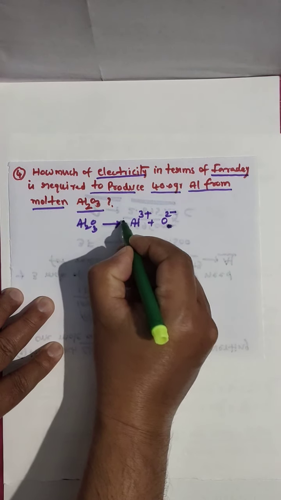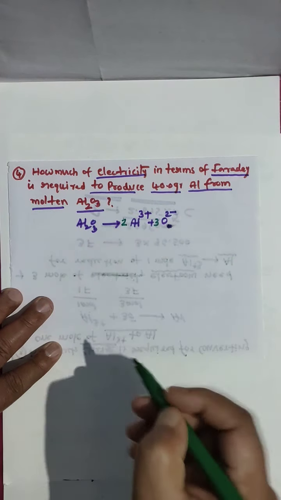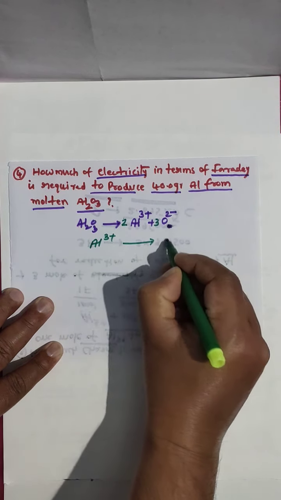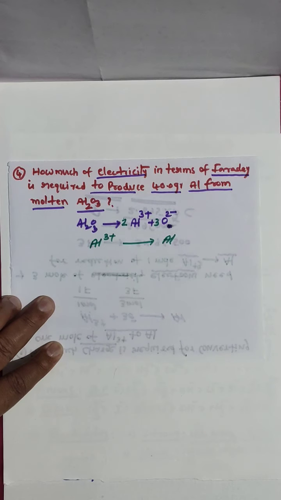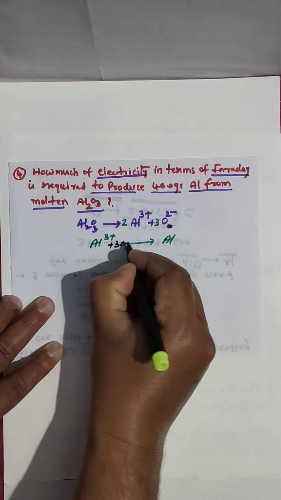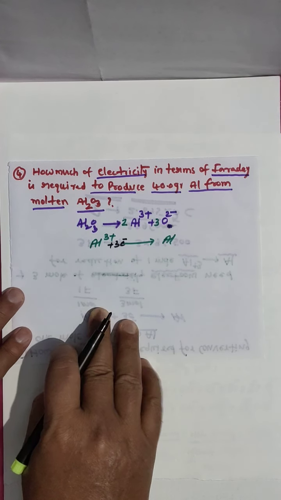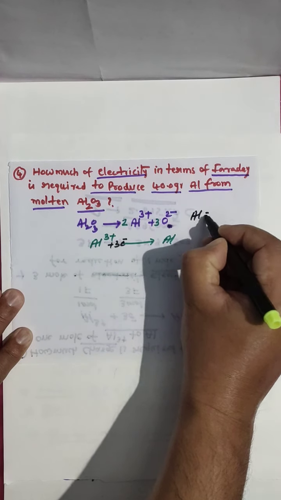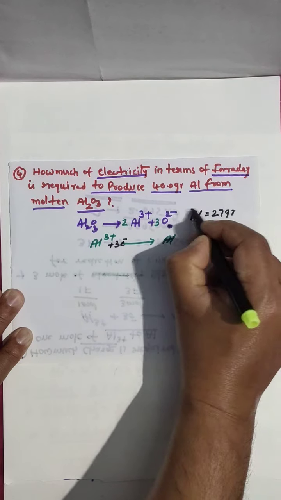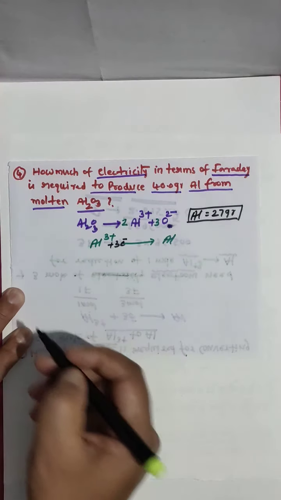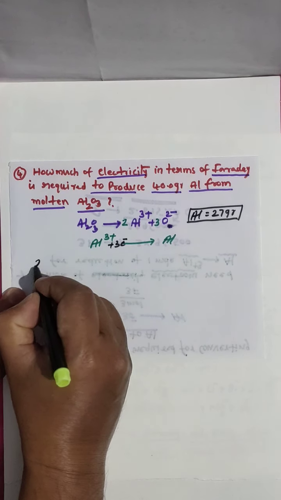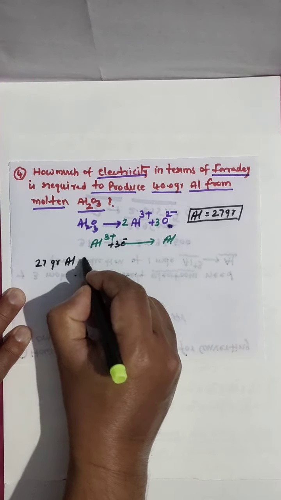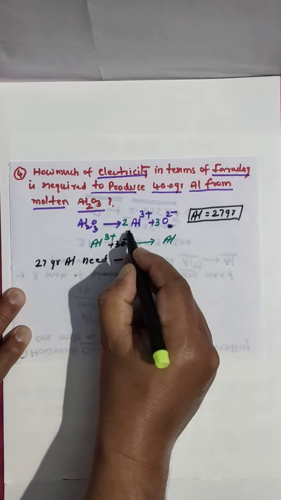Clear? And this you take 2 and this you take 3. Or you can simply write Al3+ giving rise to Al by taking 3 electrons. So this is aluminum, we have the grams given. You know the atomic weight of aluminum is 27 grams. So 27 grams of aluminum needs how many moles?